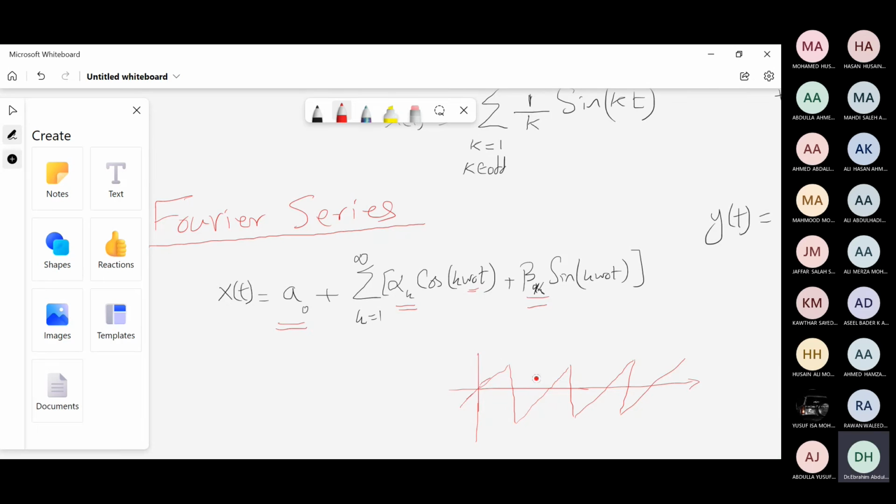So then we need to find A naught for this one. We need to find alpha. We need to find beta, and we need to find omega naught. Then we can write it in this form, in Fourier series form.